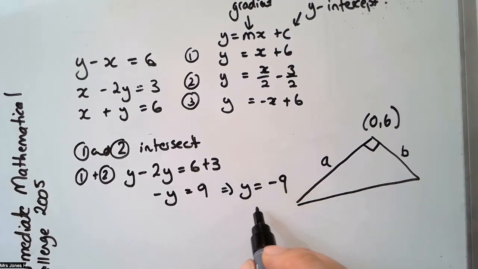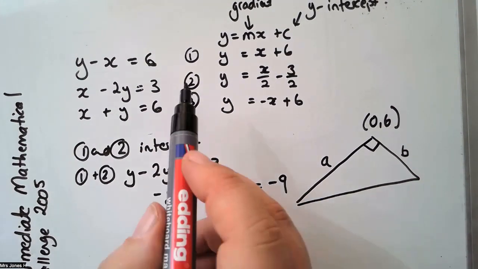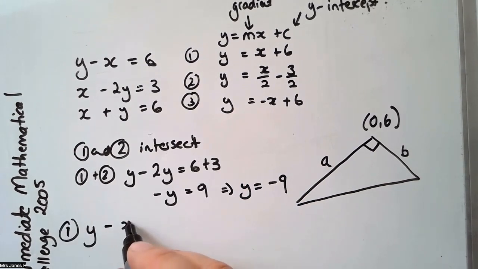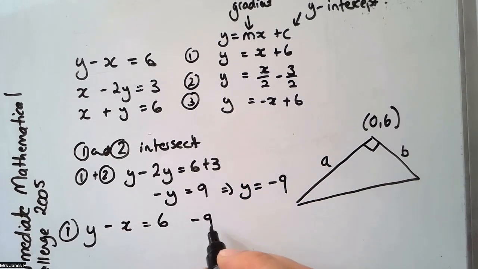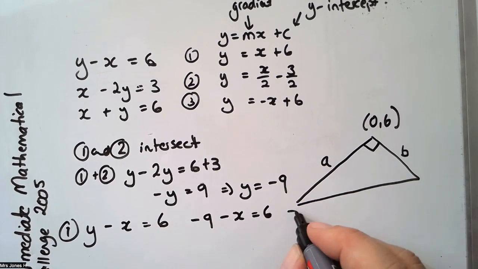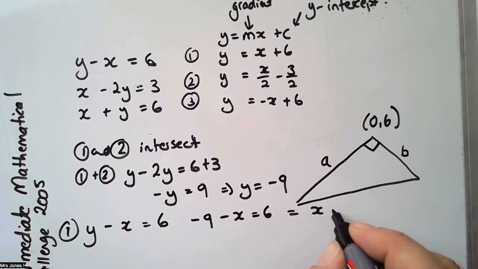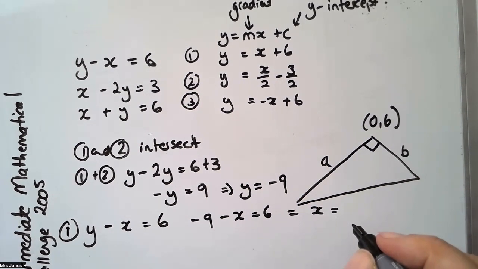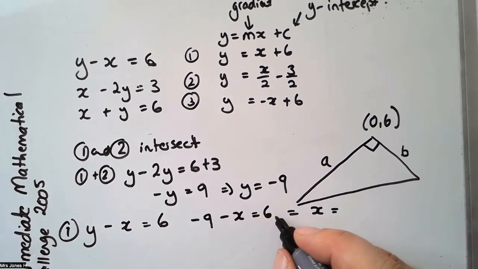Then we're going to substitute y into the equation 1. So this is 1, y subtract x equals 6. So we're going to substitute y into there. So that's negative 9 subtract x equals 6. So therefore x equals 5.